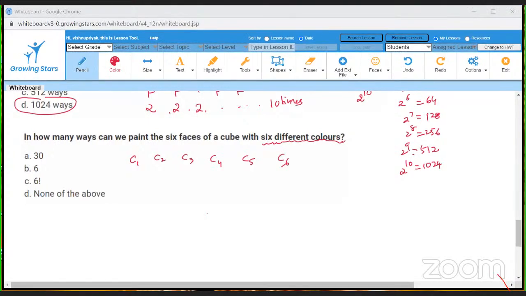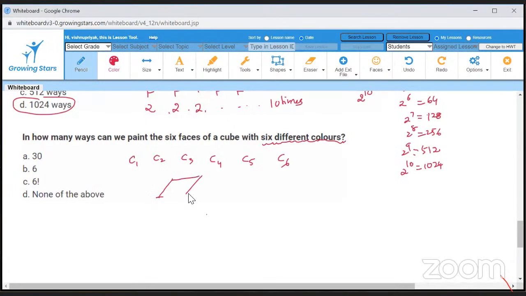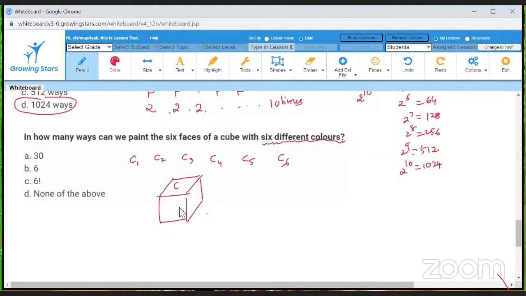Assume that the face of the cube facing up is color 1. That means if I draw the cube like this, the face which is coming up is color 1. That is what I meant. So the face of the cube at the bottom can be painted in 5 different ways.